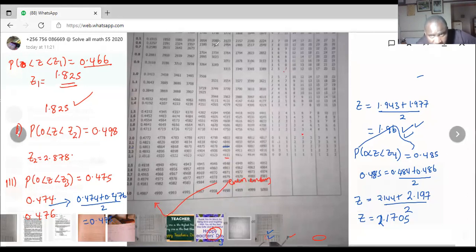You check it out, it is 0.485. Where are you? It is here. So it is 2.1, 0, 1, 2, 3, 4, 5, 6, 7. Okay, they have rounded it off. It's fine.